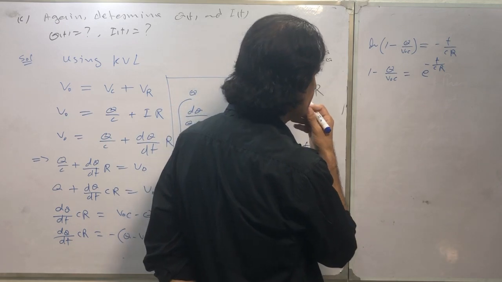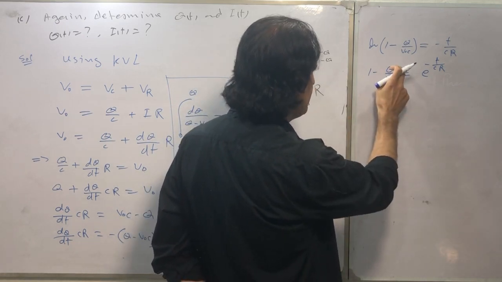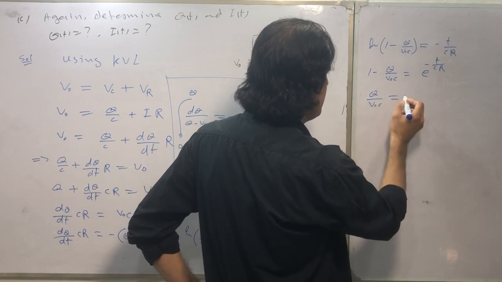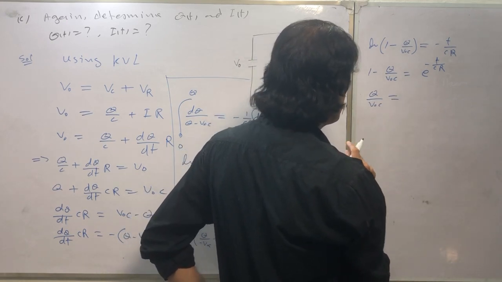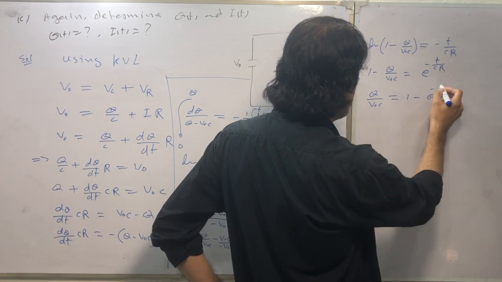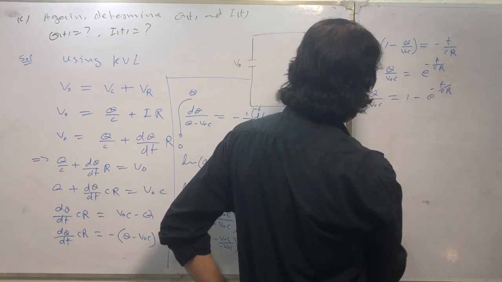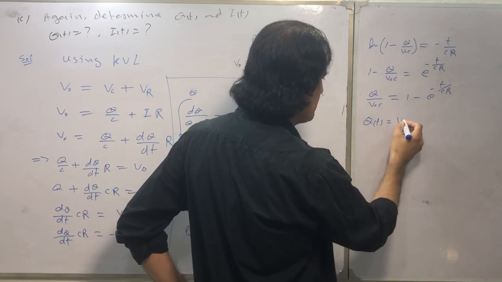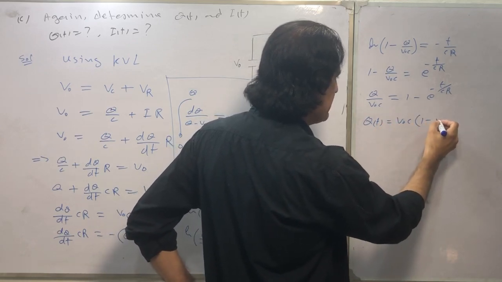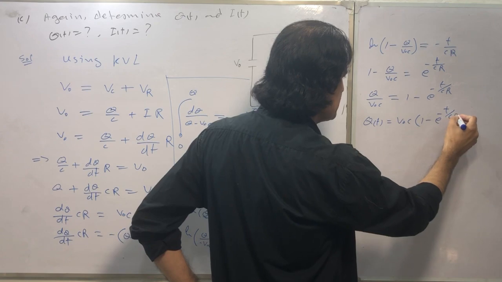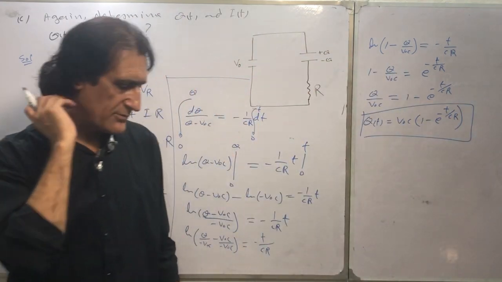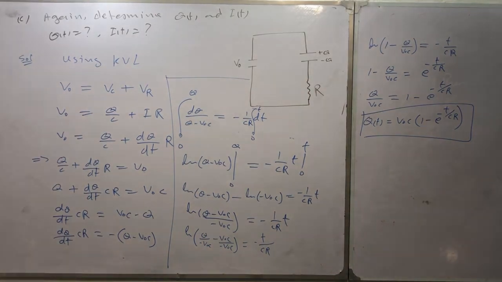And finally q divided by V naught C is equal to 1 minus e to the power minus t divided by CR, and q of t is equal to V naught C times 1 minus e to the power minus t divided by CR. So this is the charge which varies with time.